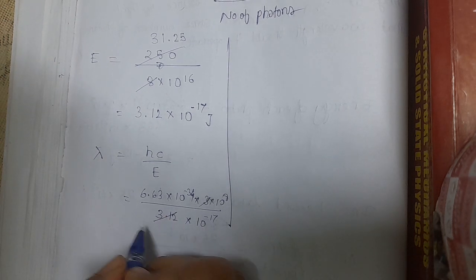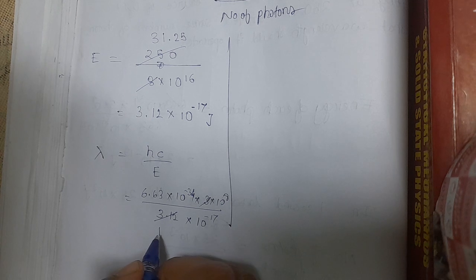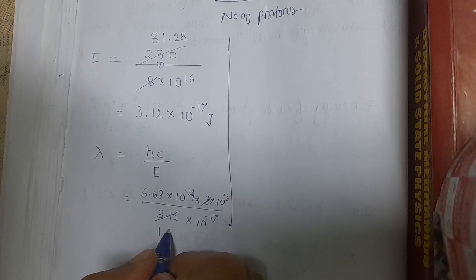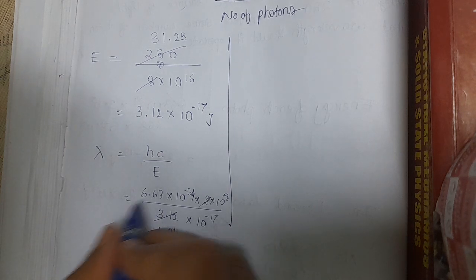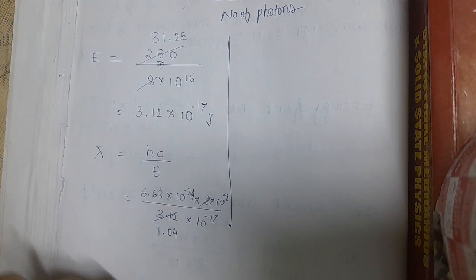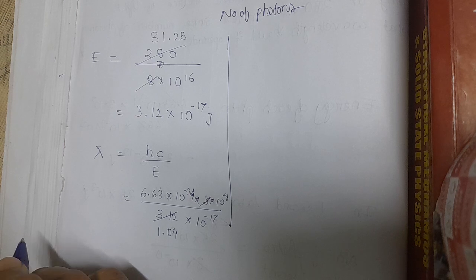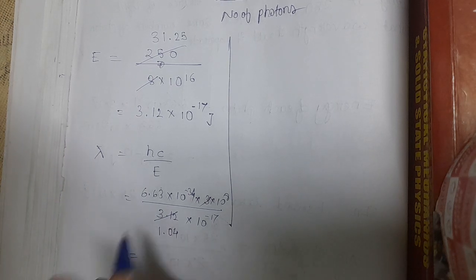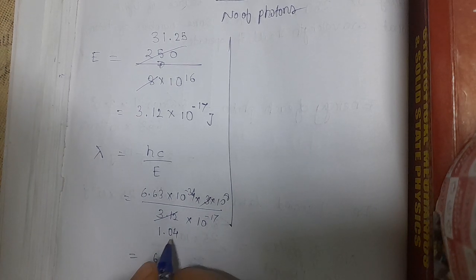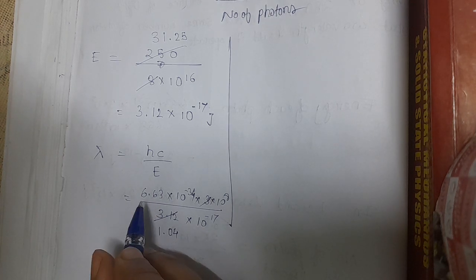So approximately it will be 1.04, and when you divide it by 6.63, nearly it will come 6 only, I think, because it will not make an effect if you round it up to 2 decimal places.